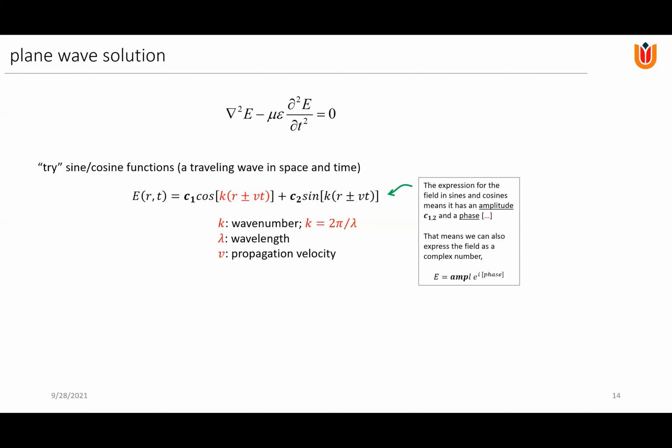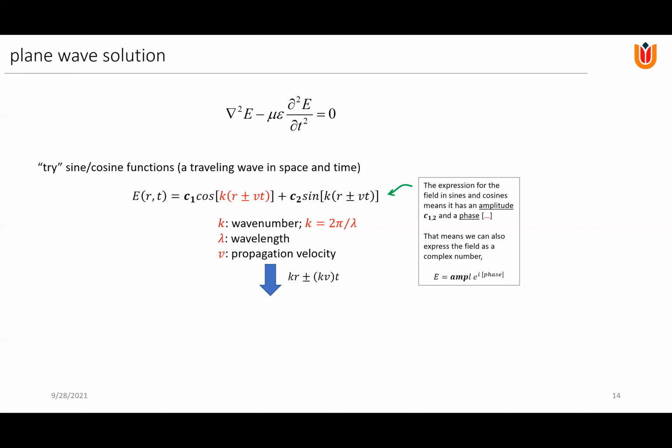So even though this is not a complex representation of the electric field, it already does suggest that we can write the electric field in a complex way, as something like an amplitude times the exponential of an imaginary term. So already by using sines and cosines here, we include the possibility that it is complex and has an amplitude and phase.